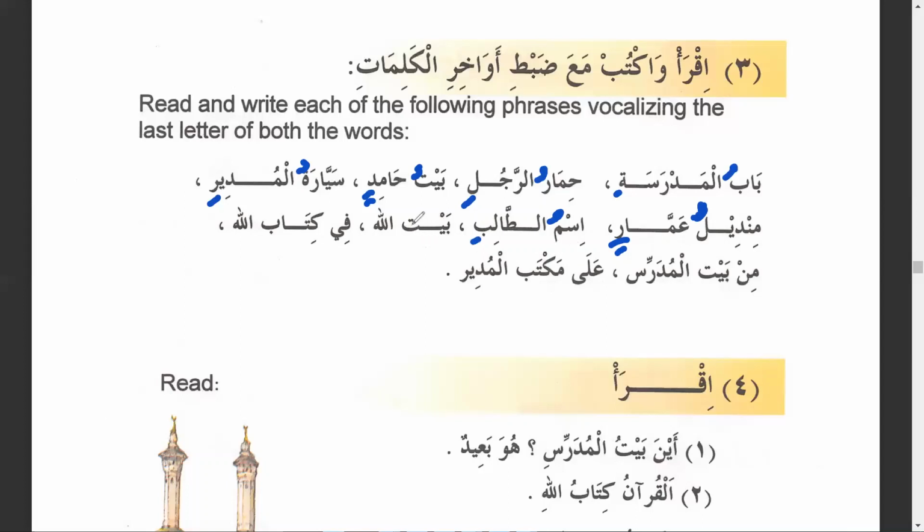Okay, then Baytullahi. Allah's, the house of Allah. Because Allah is proper, so the house becomes proper too. Now be careful, because you have a harf of jar in the beginning.